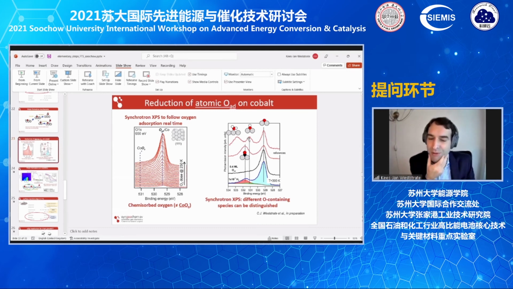Another thing is sometimes people think that cobalt oxidizes during the reaction, but we haven't studied this with our model systems. But from other work in the literature, also on real cobalt catalyst, I think people see that oxidation is not really a problem for the cobalt catalyst.